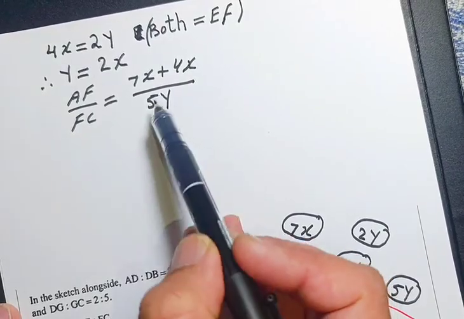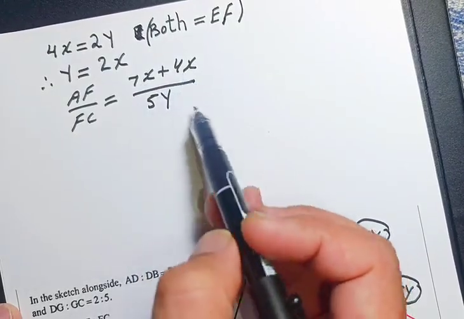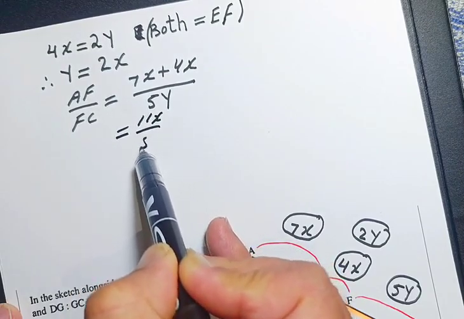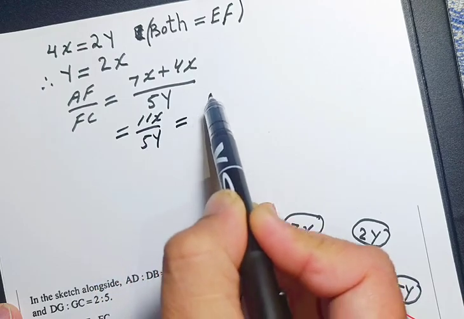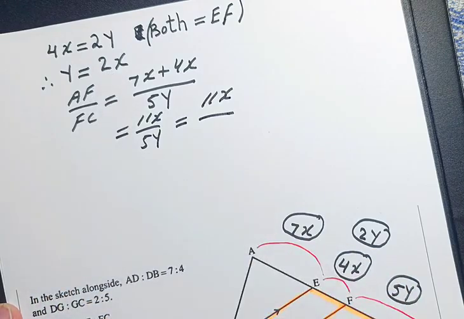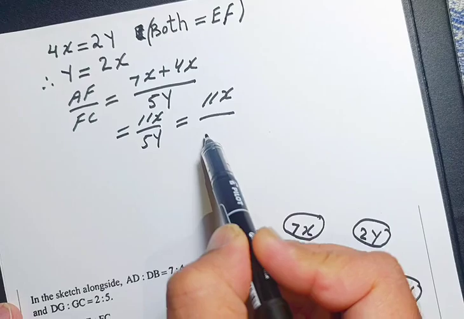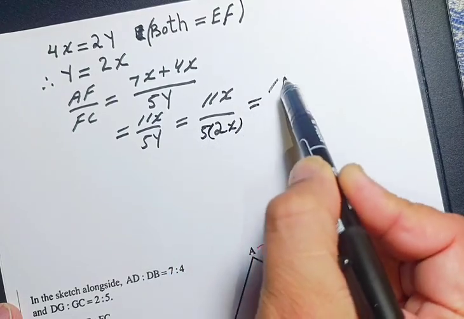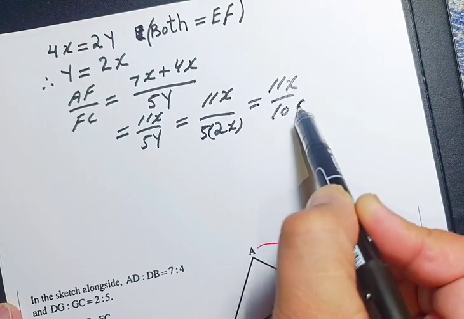Now we only need to do the calculation. 7 plus 4 becomes 11x over 5y, and in place of y I'm going to substitute 2x. 5 times 2x is 10x, so it's 11x over 10x.